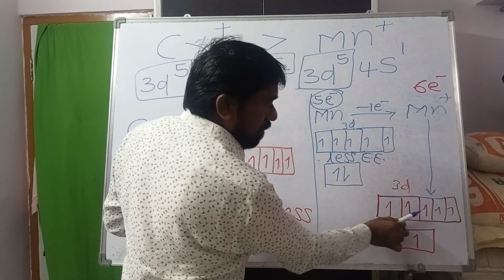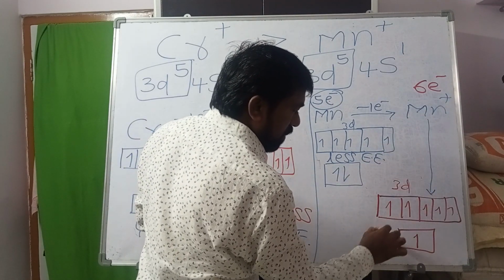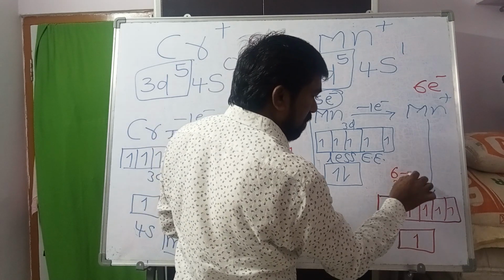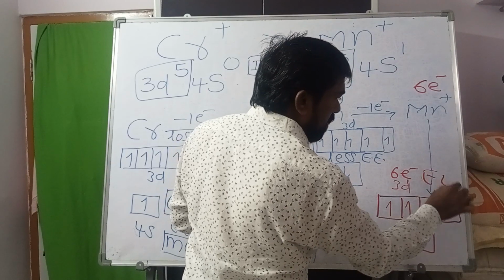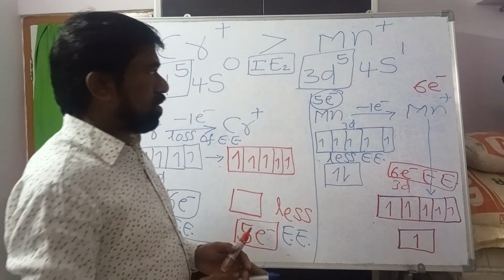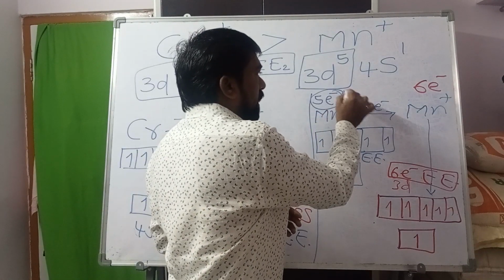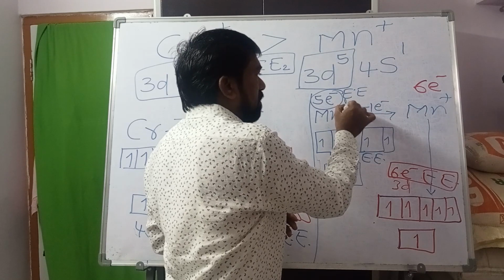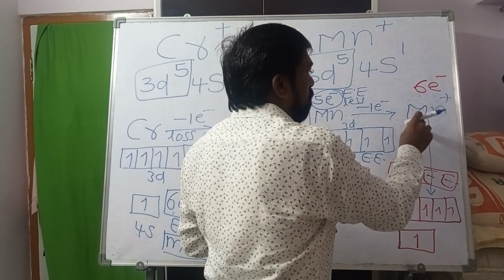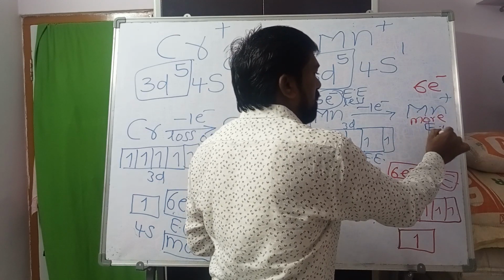Come to Mn plus: here 6 electrons' exchange energy is considered, 6 electrons EE, where EE means exchange energy. Therefore, here exchange energy is less, and here exchange energy is more.